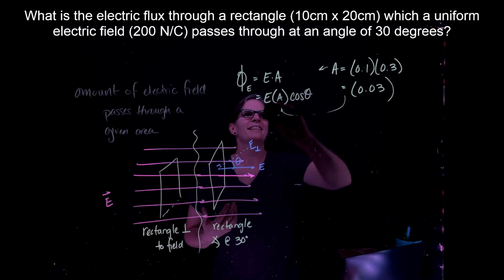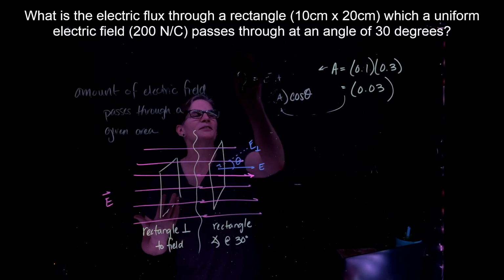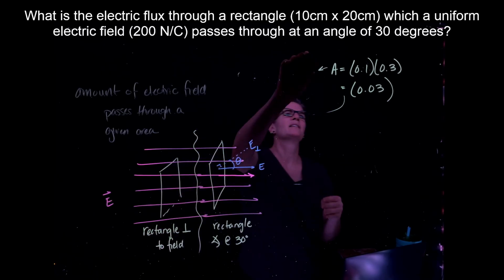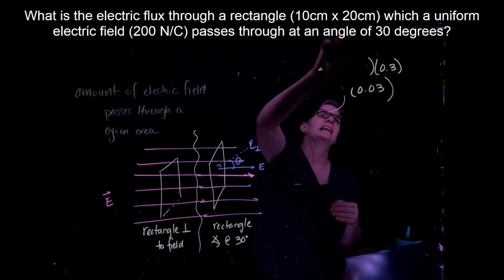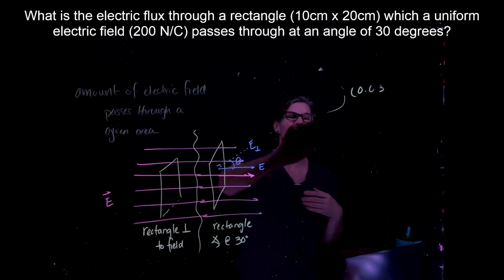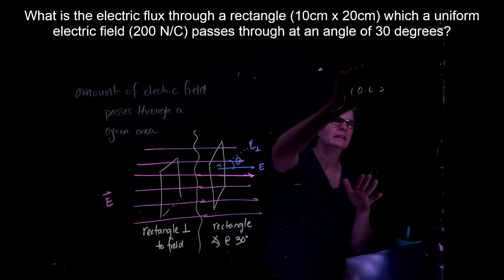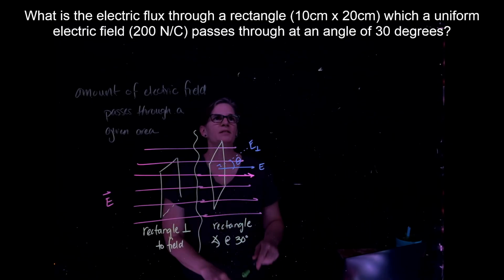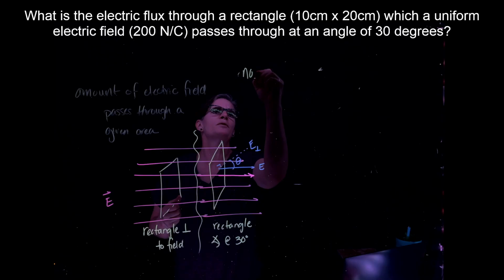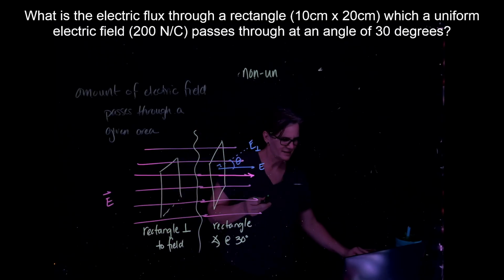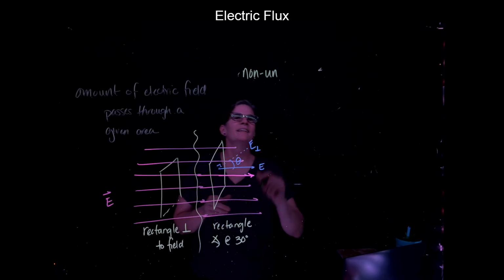So let me get this erased and then reintroduce that idea. Again, this idea is what happens if our field isn't uniform or our surface isn't flat, or both.